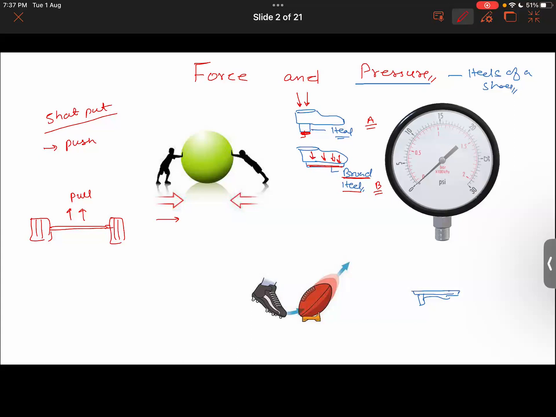That's why we would be slightly less hurt in the second case. So that is basically the concept of pressure, force acting on a unit area. While discussing force, whenever we consider the area upon which it is acting, we will be talking about pressure. So that was basically a brief introduction of the chapter.